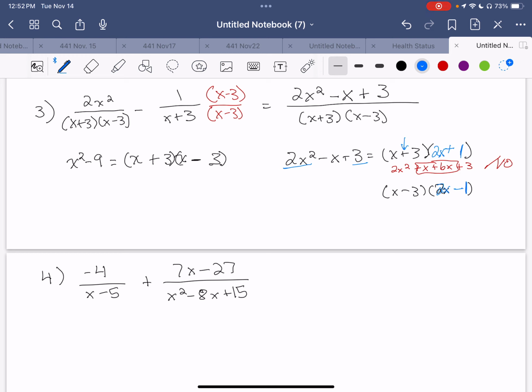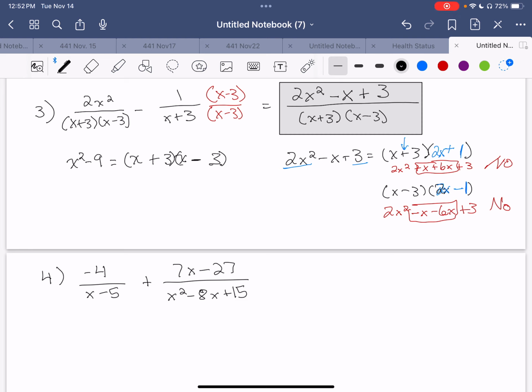Does this work? So I get 2x squared minus x minus 6x plus 3. These give me negative 7x. No, that doesn't work. So neither of those factors work. So that means I have my final answer, no simplification.